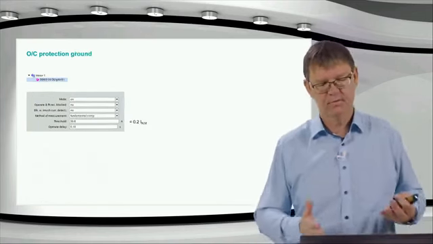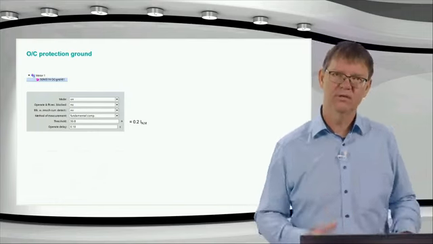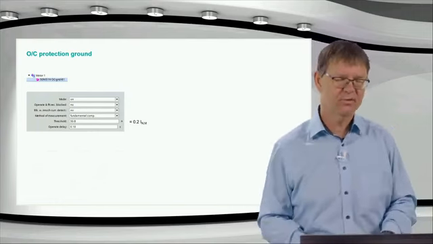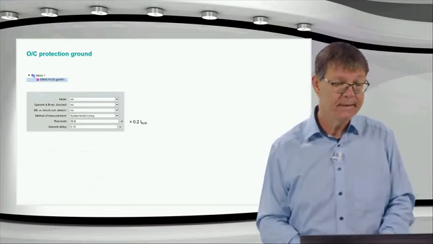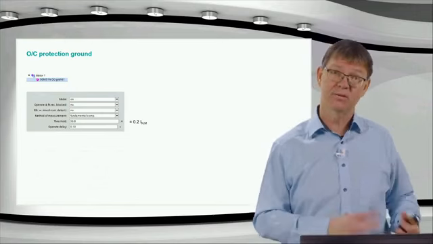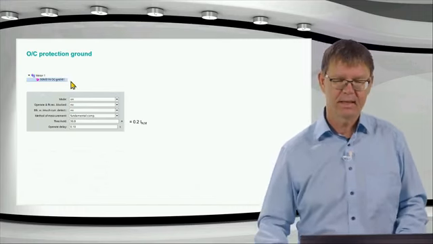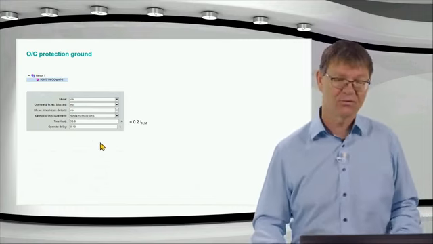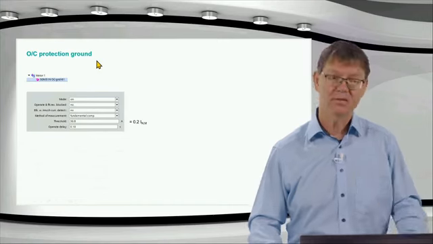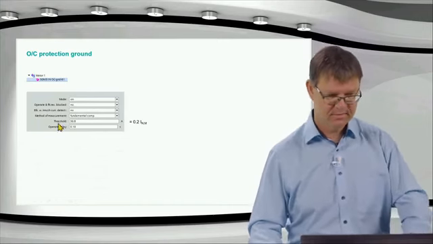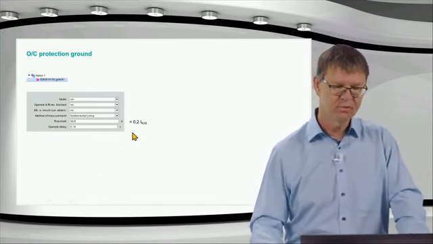For the ground protection, I did not go into detail. This can be a completely separate discussion. If we have a compensated or isolated network, I simply made a second setting for a grounded network here. And I took 0.2.